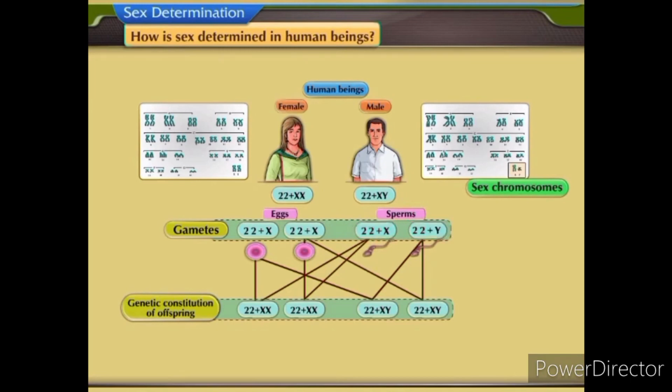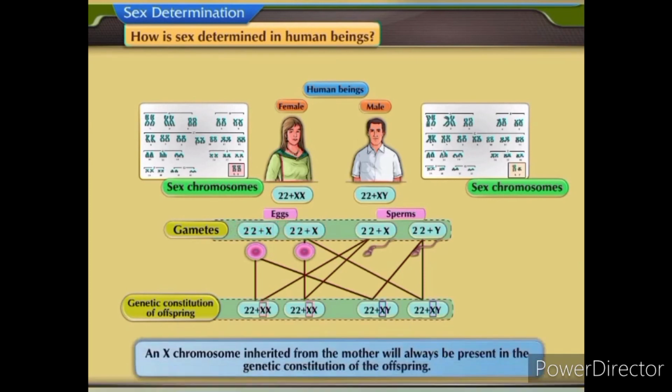A female parent has XX sex chromosomes. Hence, this parent will always produce two similar types of gametes, those with a single X chromosome. Thus, an X chromosome inherited from the mother will always be present in the genetic constitution of the offspring.